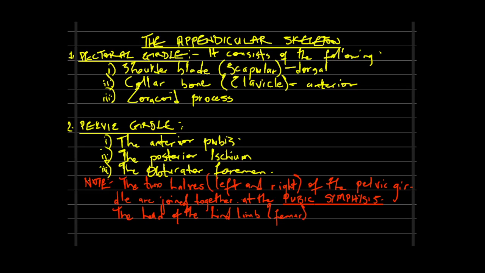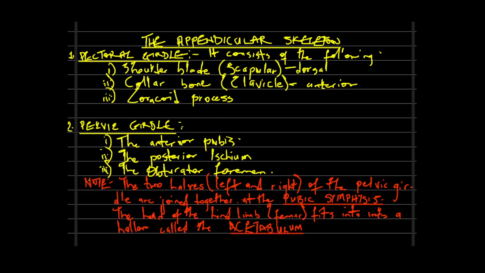Remember that is a ball and socket joint, so it fits into a hollow called the acetabulum. That is the name of that hollow where the head of the femur fits into.